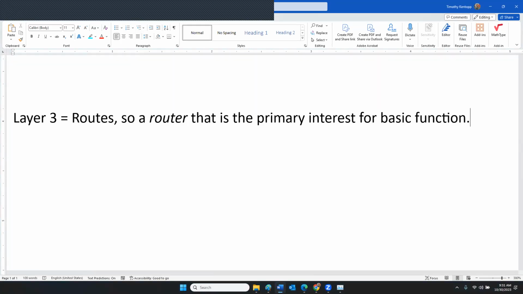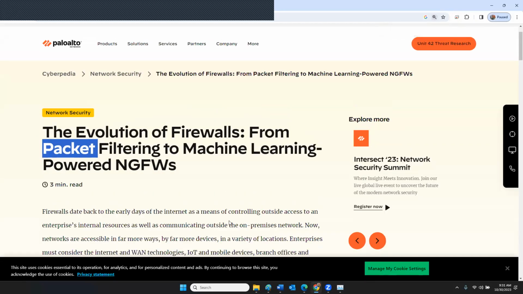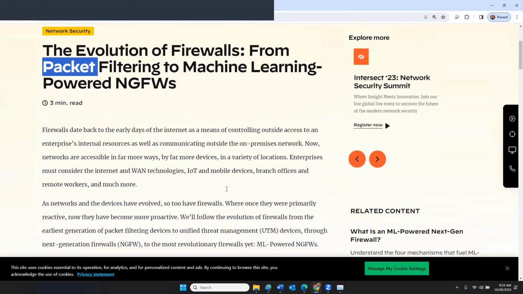And at its most basic level, one of the things that happens today in the present is that people have forgotten about the importance of the basic router. So you can say all you want about advancements in firewall technology, okay? And there's certainly been many iterations or generations of evolution with firewalls, right?